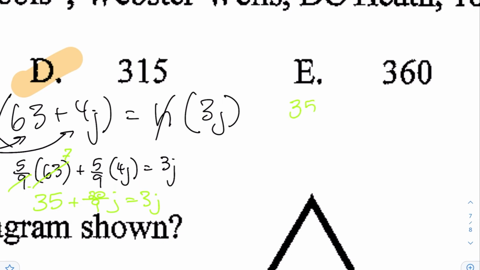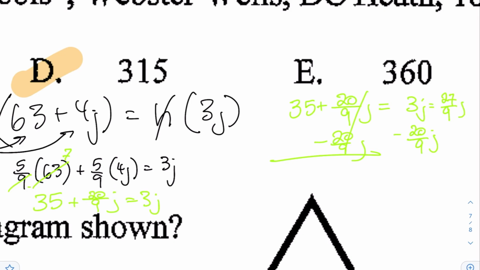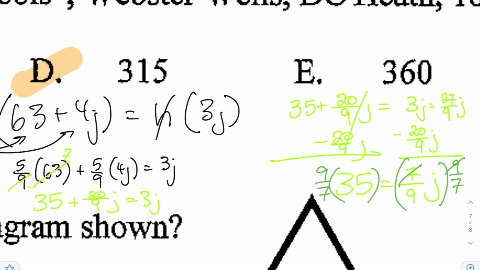So if you start with 35 plus 20 over 9j is equal to 3j, and you subtract 20 over 9j, 3j you can rewrite as 27 over 9j. Then we have 27 minus 20, that's 7 over 9 jumps is equal to 35. And the last step, you can multiply by 9 over 7, the reciprocal, on both sides. And you get that the jumps is equal to 45.